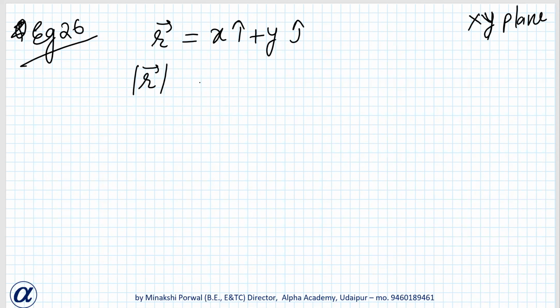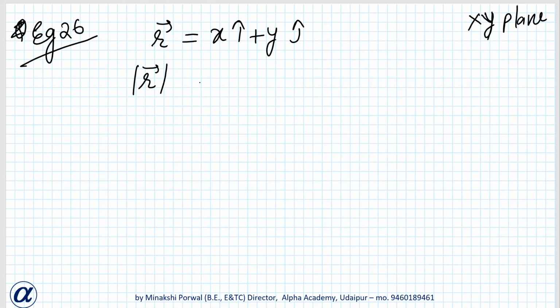If you remember this equation, x square plus y square equals 1, do you know what this equation represents? If you have studied conic sections in class 11th, this is actually the equation of a circle.